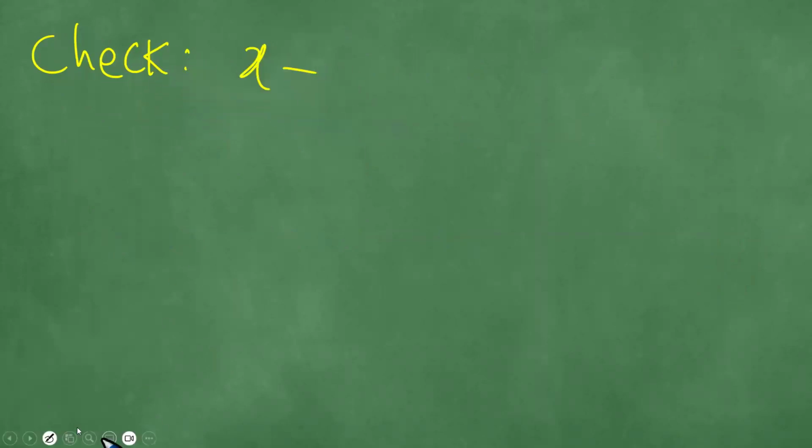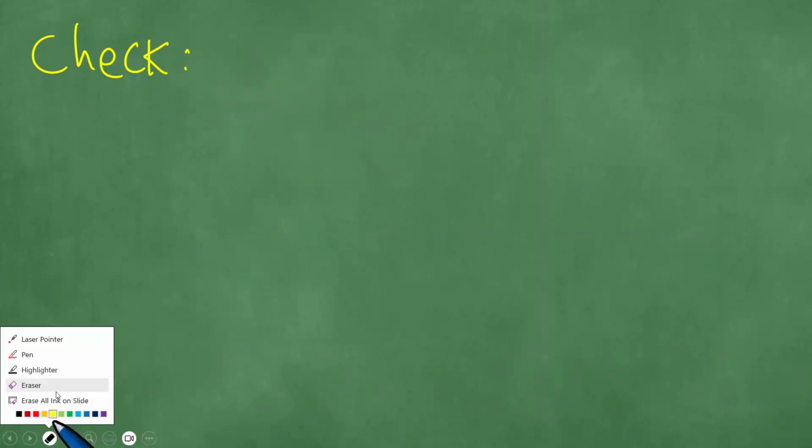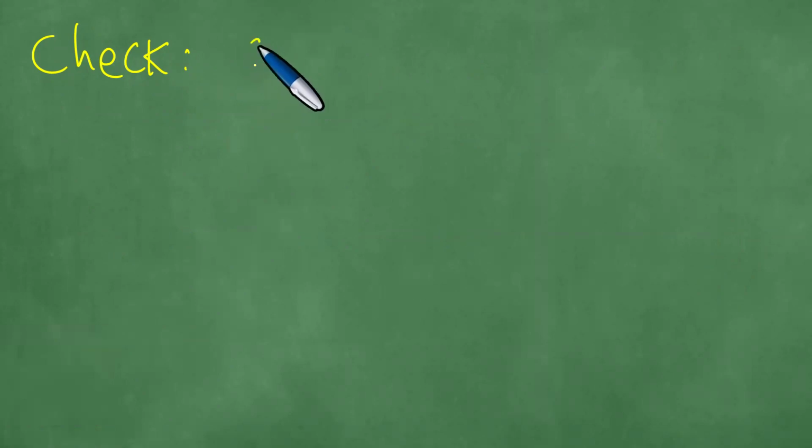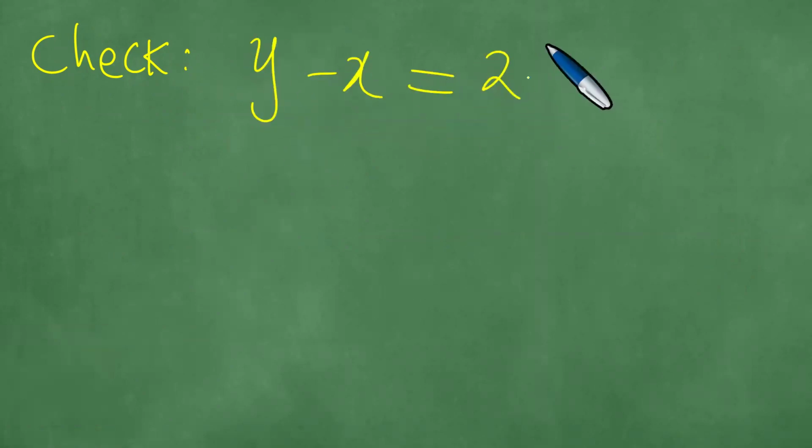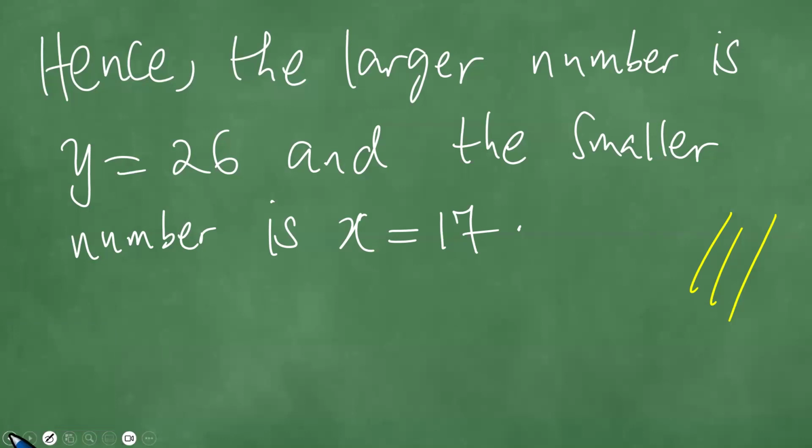Let us do a check and find the difference. So we take the larger minus the smaller because the difference is given as positive. So the y, which is 26, minus the x, which is 17.